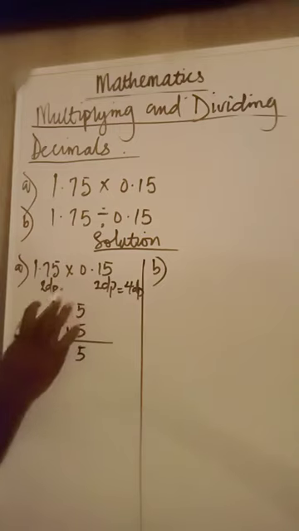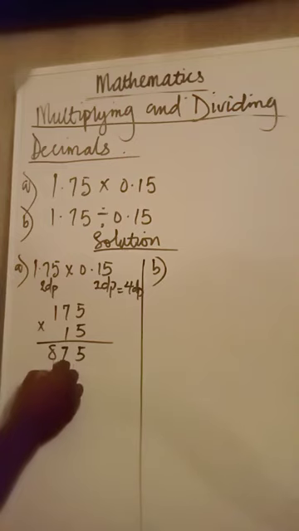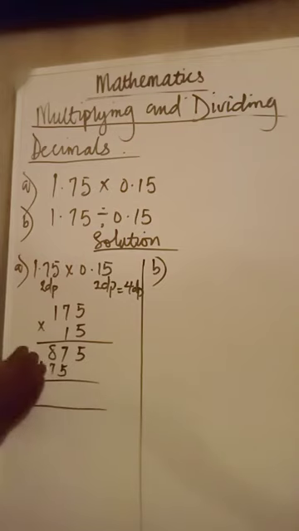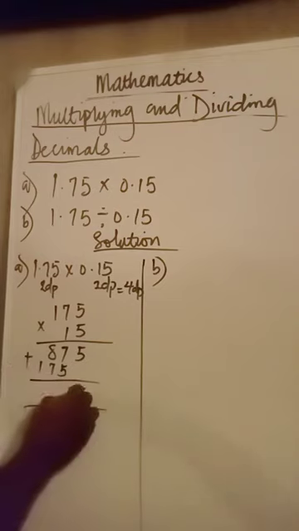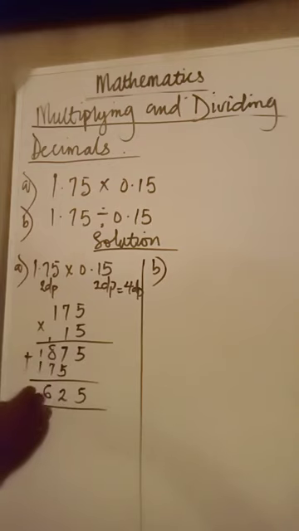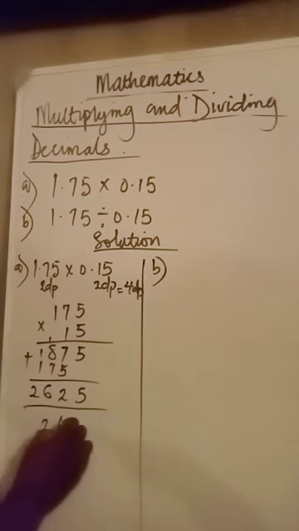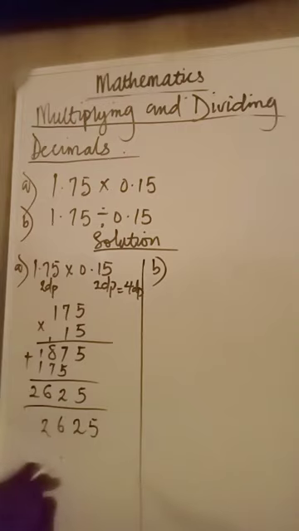The other one, 1 times 5 is 5, 1 times 7 is 7, 1 times 1 is 1. So I add them up and I have 2, 6, 2, 5. I've gotten my answer after multiplying.